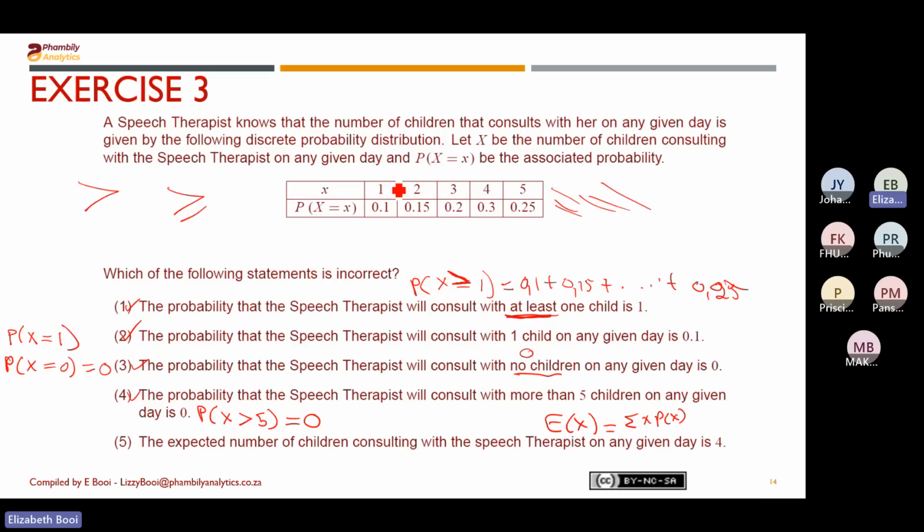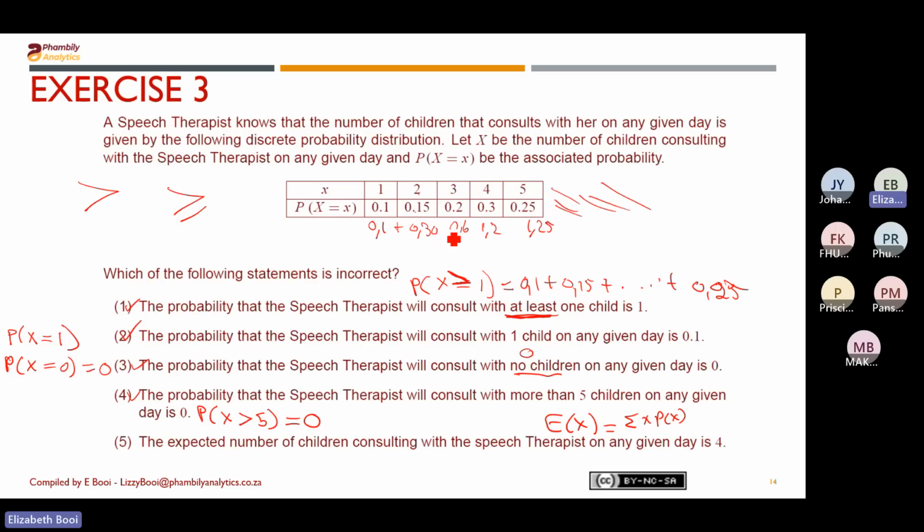So you say 1 multiplied by 0.1 is 0.1, plus 2 multiplied by 0.15 is 0.3, and this is 0.6, and this is 1.2. And 0.25 times 5 is 1.25.